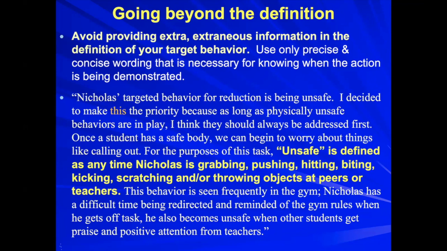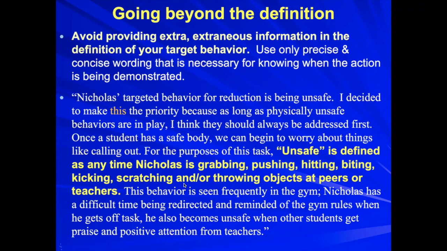I'm looking for the definition in all the background. We talk about Nicholas's behavior being unsafe, and you've got to make it a priority, and we want him to have a safe body. And oh, there it is. Somewhere hidden in all that verbiage is: unsafe is defined as anytime Nicholas is grabbing, pushing, hitting, biting, kicking, scratching, or throwing objects at peers or teachers.